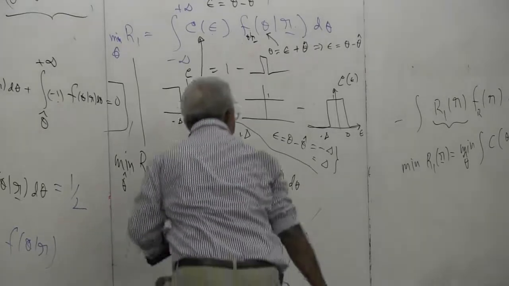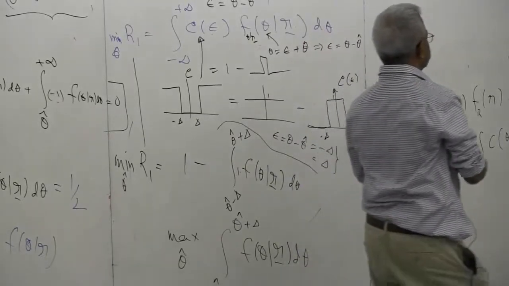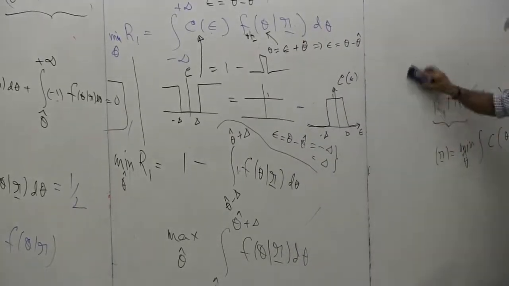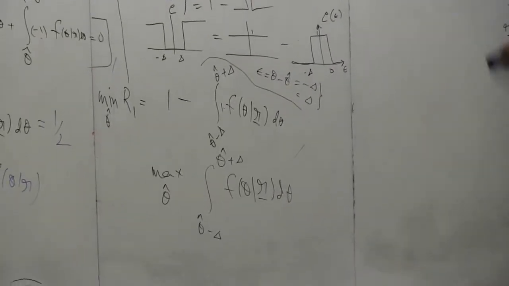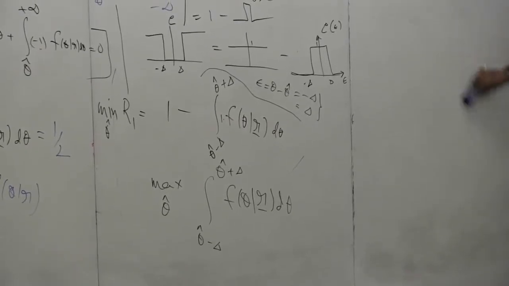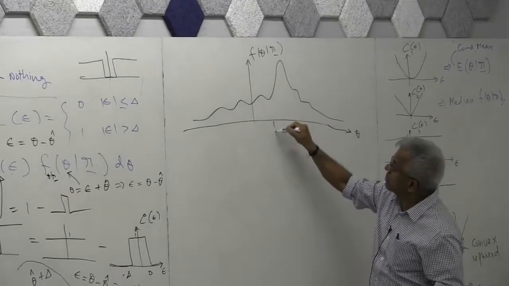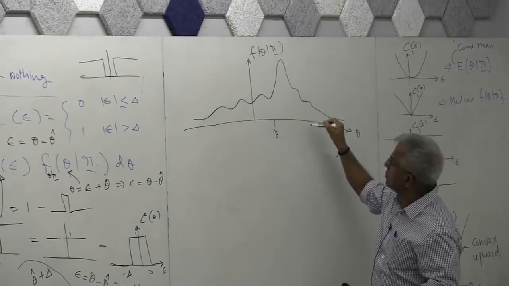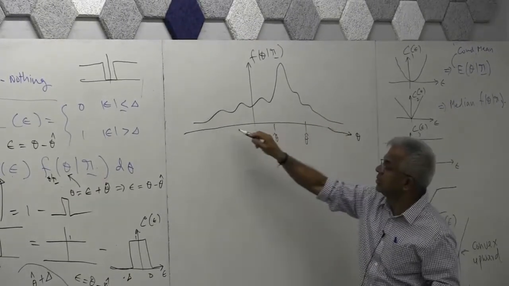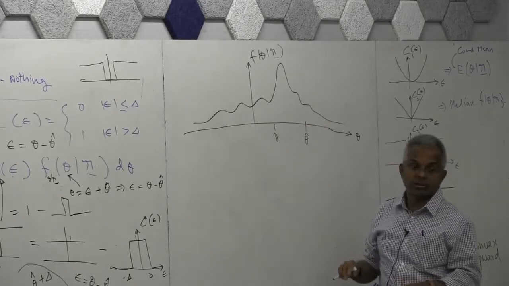All right, here comes the punchline. Listen to me now. What is the unknown? The unknown is theta hat. Theta is here. We want to pick theta hat somewhere. Where should I pick it? Should I pick here?